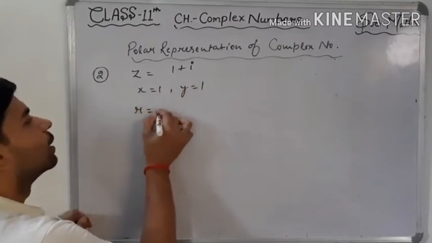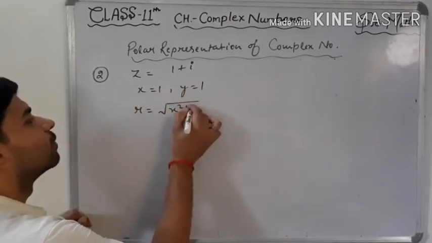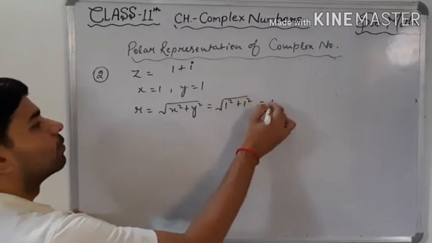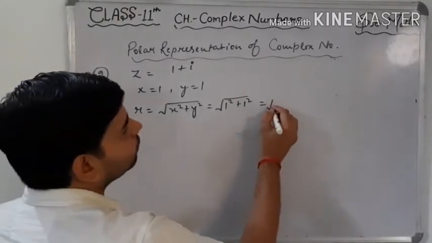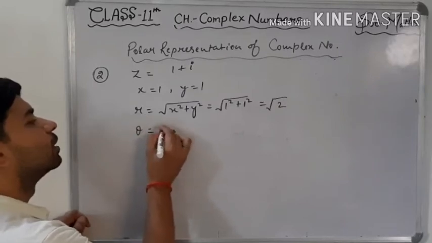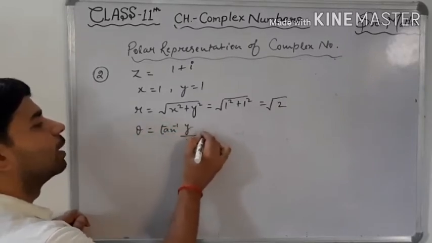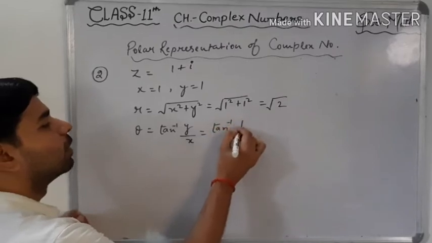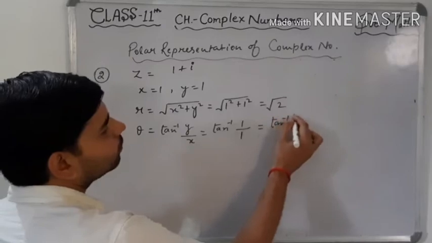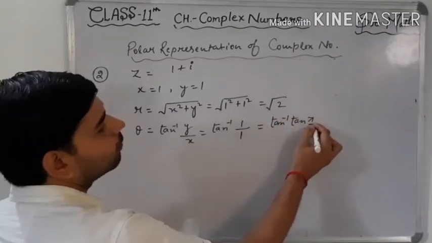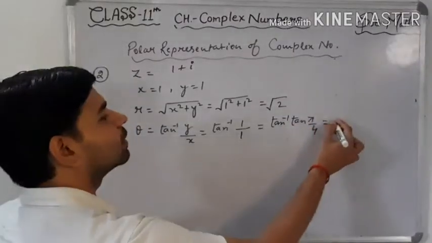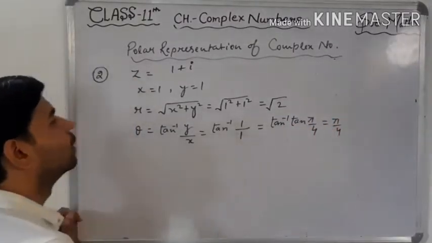The value of r is under root x square plus y square, equal to under root 1 square plus 1 square, equal to under root 2. And theta is equal to tan inverse y upon x, equal to tan inverse 1 upon 1, equal to tan inverse tan pi by 4. Tan pi by 4 is 1. Tan inverse and tan cancel each other. The value of theta is pi by 4.